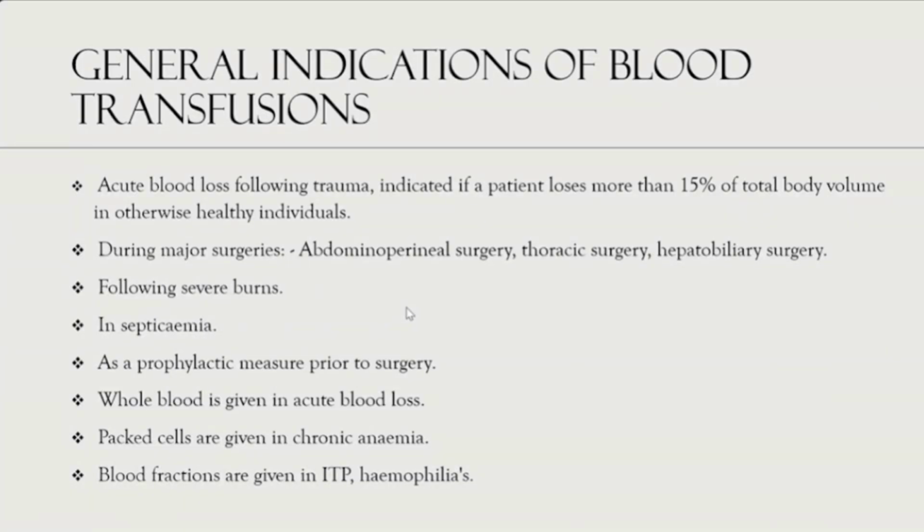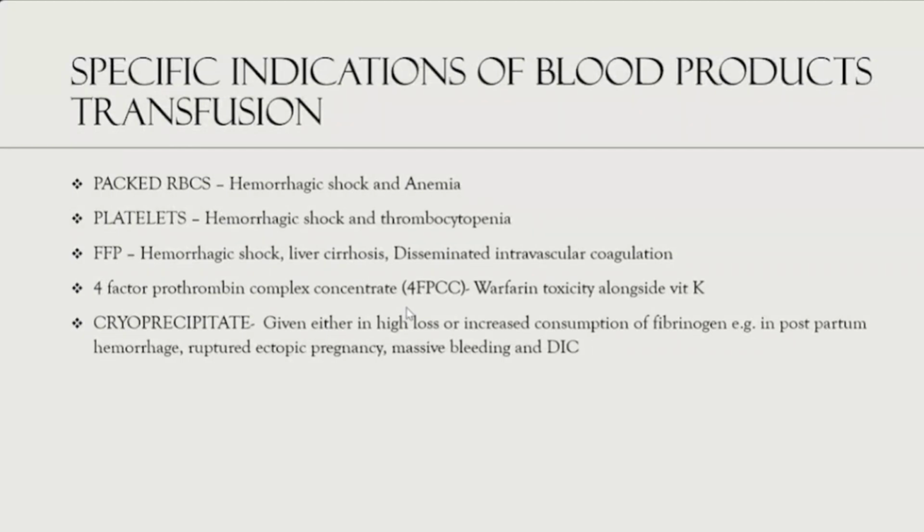Then those blood fractions are given in ITPs, hemophilias. Yes, but we have the specific indications of these blood product transfusions. So when we give the packed red blood cells, when we give platelets, fresh frozen plasma, and all.